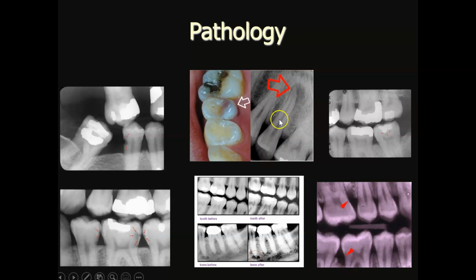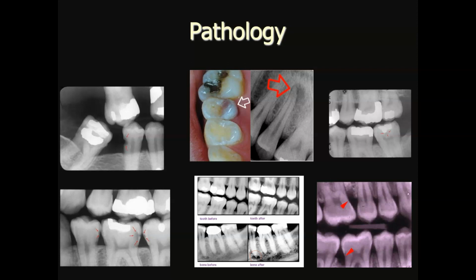Or the tooth has, for some reason, become infected, and the apex of the root of the tooth has gotten an abscess around it, and that abscess is actually infection that's eating away the bone at the tip of the root. All of these, you're losing some type of structure. Either you're losing bone or you're losing part of that tooth or enamel.